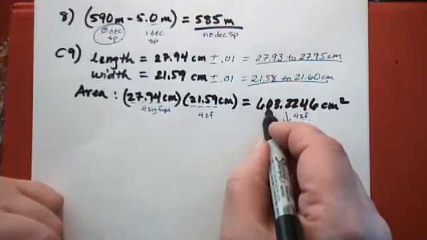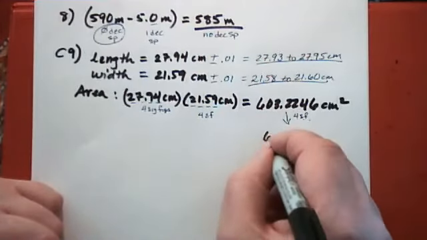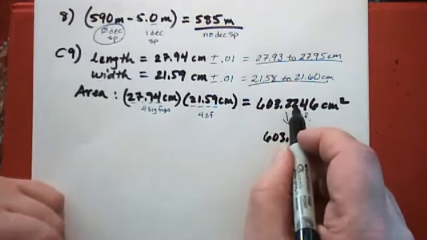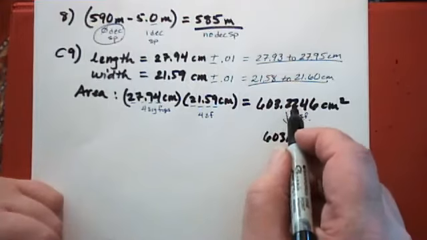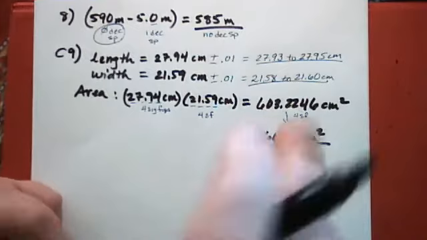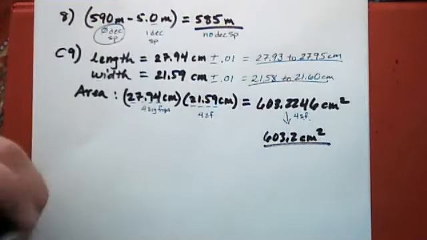So we can keep the 6 and the 0 and the 3 and the 2, but everything else has to go. Notice the first number we're dropping is a 2, so that means that the number before it can stay the same. It's 603.2 square centimeters to 4 significant figures.